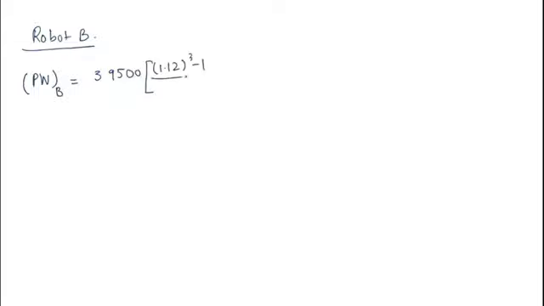So if I'm interested in finding out the present worth of robo B, if you draw the cash flow and write down the expression, it will be like this: 39,500 times 1.12 to the power 3 minus 1 upon 0.12 times 1.12 to the power 3.